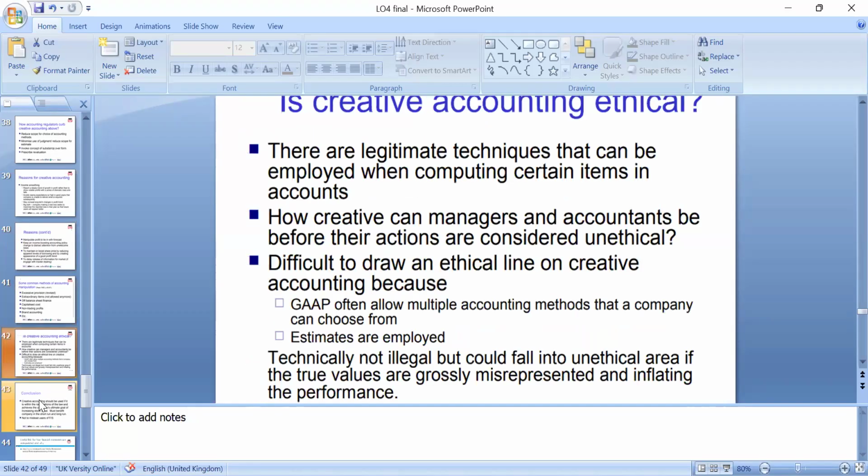There are legitimate techniques that can be employed in computing certain accounts, like inventory valuation method, but is it ethical or unethical? If you're changing any inventory valuation method, you have to restate the previous comparative figures, because at the end of the day you want true and fair information. Thus, we still have issues.